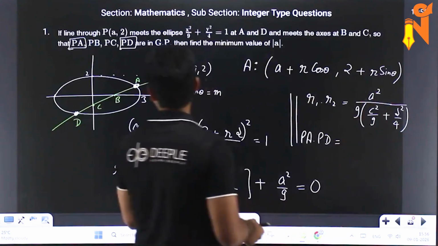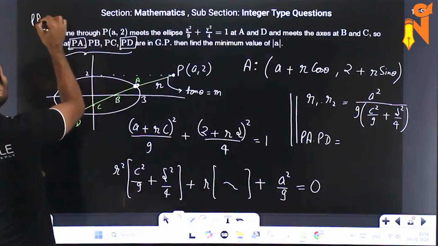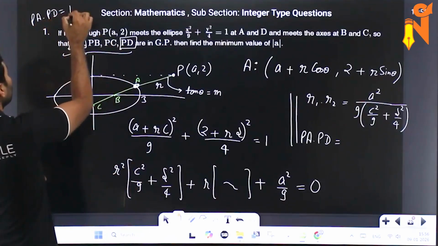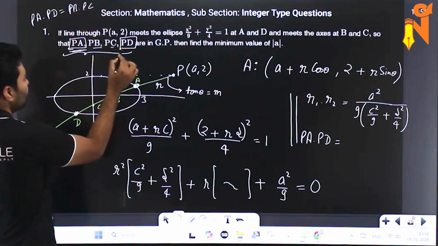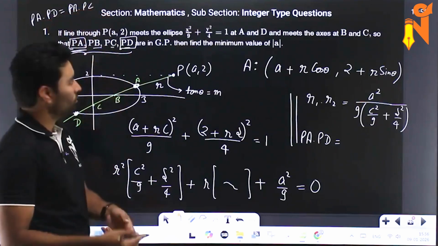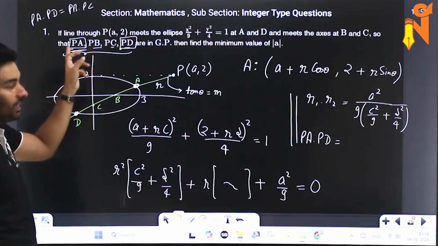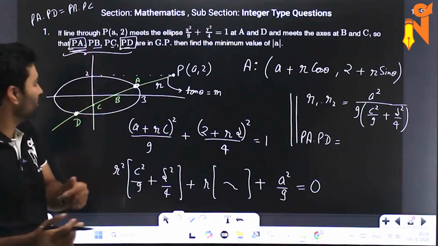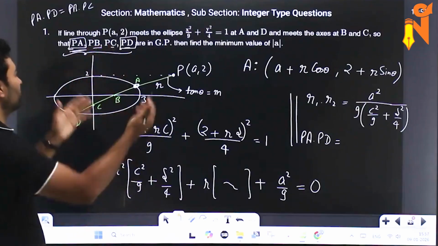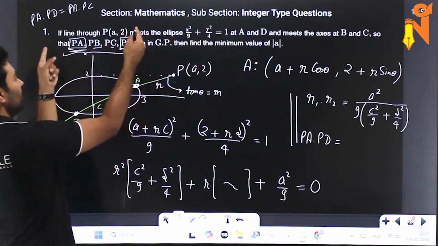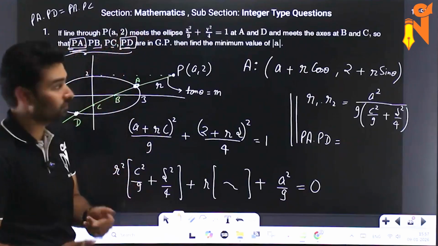Also, if you know the basic property of GP, PA into PD should be equal to PB into PC. Why? Four numbers A, B, C, D are in GP. So B square equals A into C, and C square equals B into D, or in simple words, from equal distance A into D equals B into C, basic GP property, right?